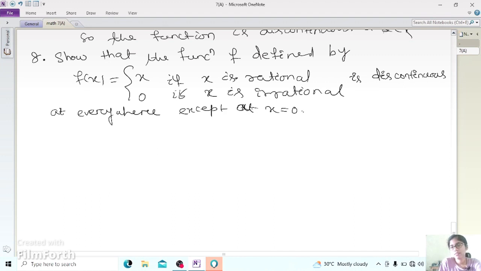That means at x equal to 0 it is continuous, and other than that the function is discontinuous.